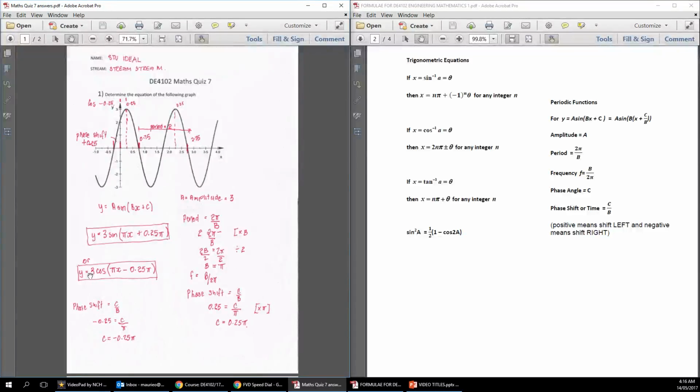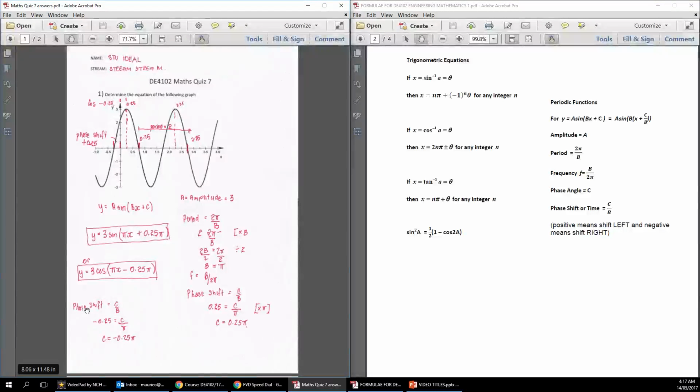That's for our cos. So we could have 3 cos. Now A is going to be the same whether it's sine or cosine. A is going to be 3. B is going to be the same as well, B is going to be pi. Okay, but the phase shift will be different.